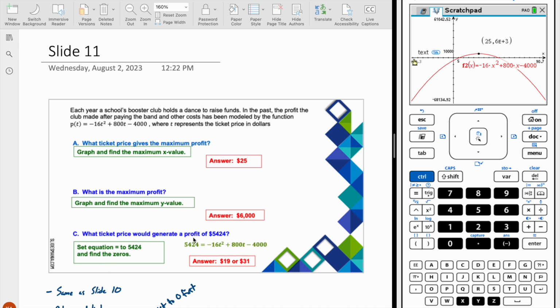What ticket price would generate a profit of 5,424? Now keep in mind, before, when we had this equation, we had P of T. Now this is what we're plugging in. 5,424 in for P of T. Keep in mind, when we are plugging this equation into our calculator, this needs to be set equal to 0.